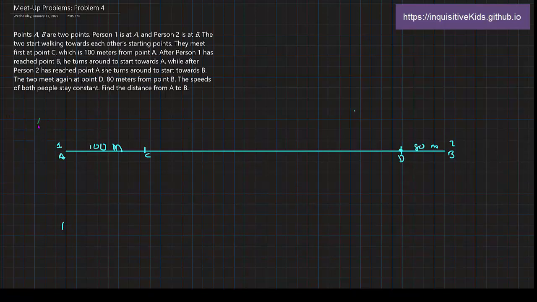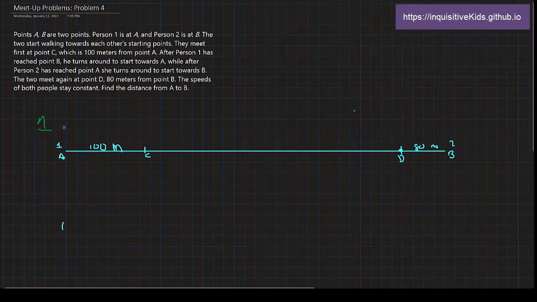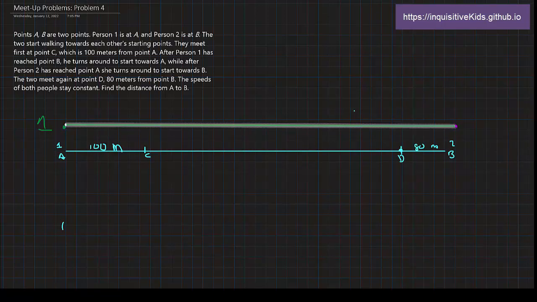So this is going to be person 1's path, okay? What did he do? So what he first did was go from A all the way to B, right?